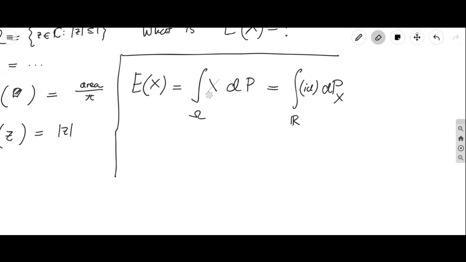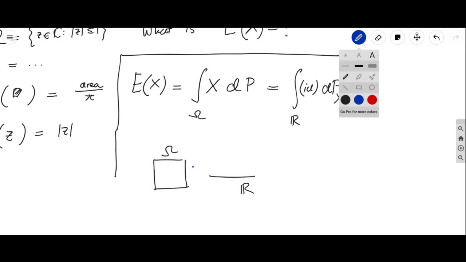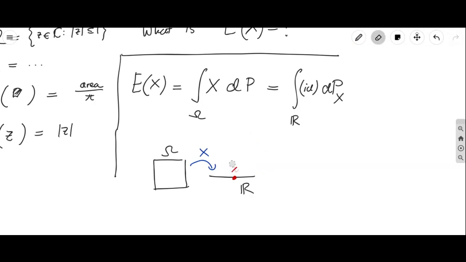But essentially, to explain what's happening, I'll give you some intuition why we're integrating the identity function, because this square is your sample space, and this is the real line. The random variable maps everything to the real line. Now, if you give me a point on the real line, let's say lowercase x is one possible value, a random value that can be produced using this random variable, that random value came from a certain sample point.